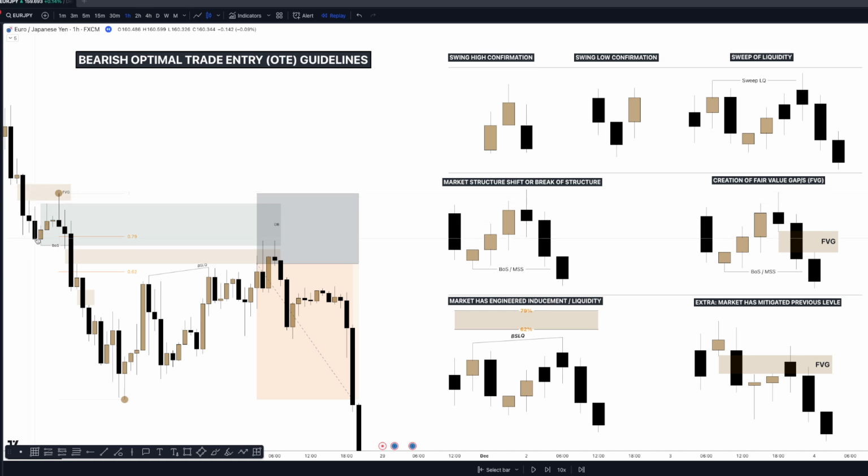You'll maybe see market pull up, push down, mitigate a level, and continue to the downside, where we eliminate this. But again, what it's giving you is a good indication that bearish PD arrays are being respected. Order flow is to the downside, and those PD arrays are being respected in a continuation fashion.